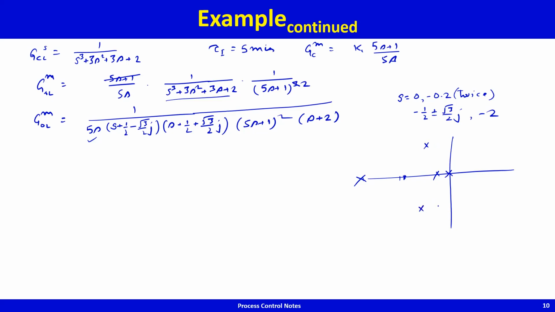This is the pole zero map for the open master loop transfer function.